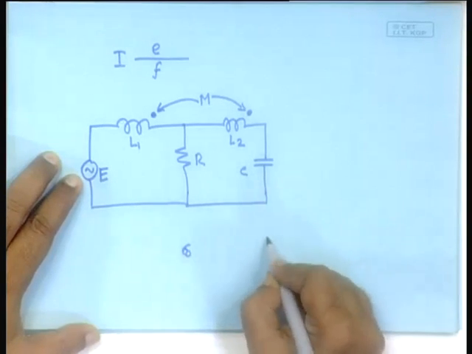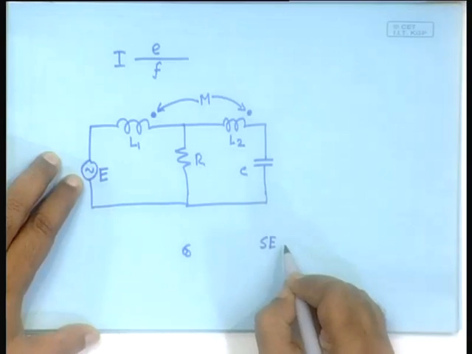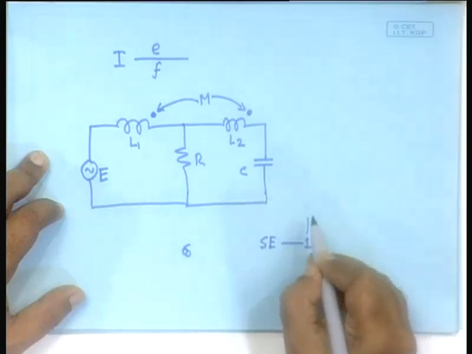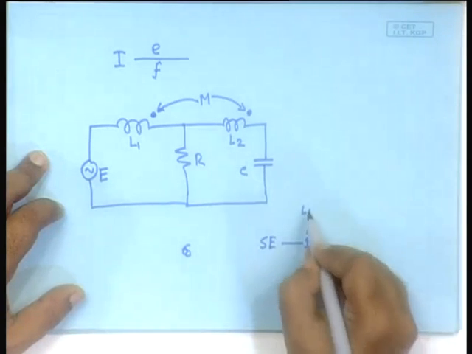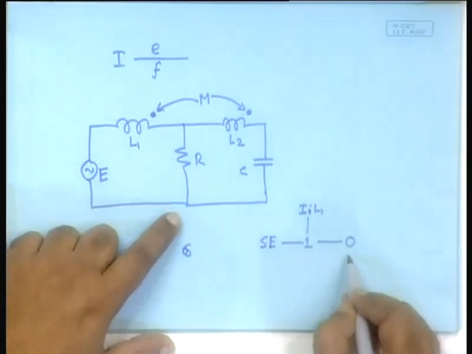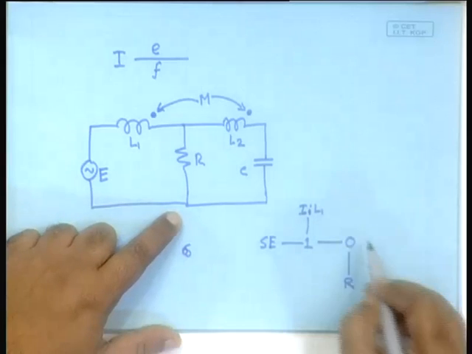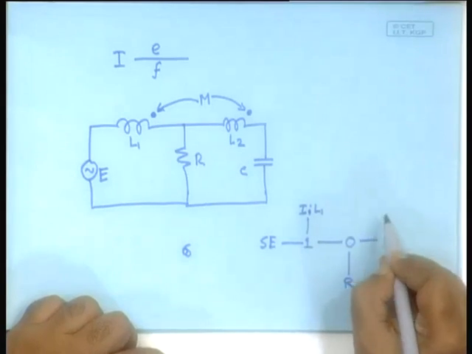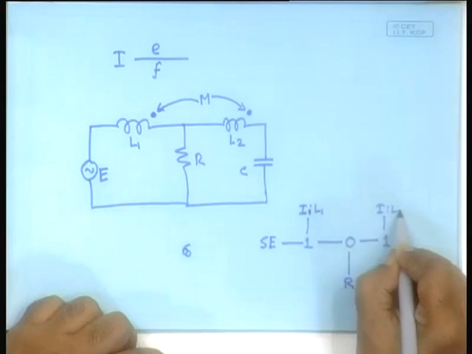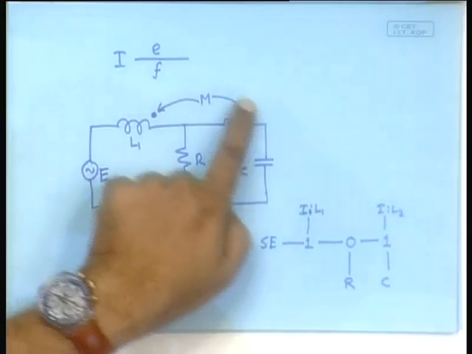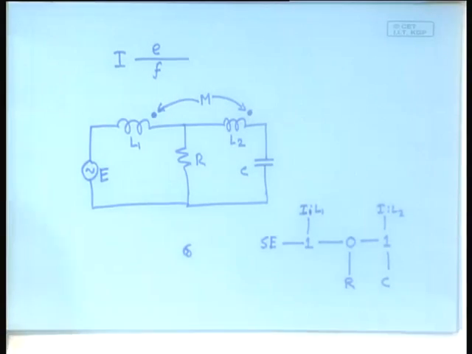I will do it here: SE in series with an I colon L1, in parallel with R, in series with 1, an I colon L2 and C. If the mutual coupling were not present, this would be the diagram.